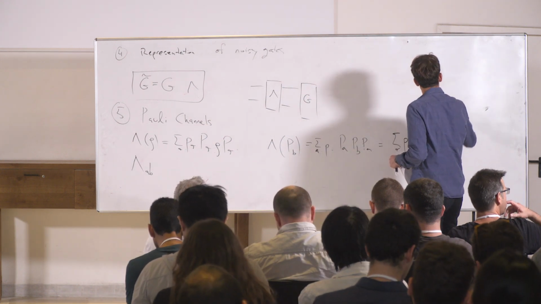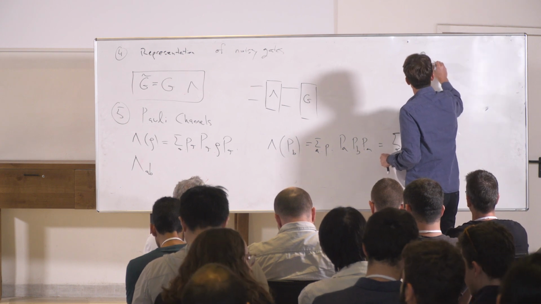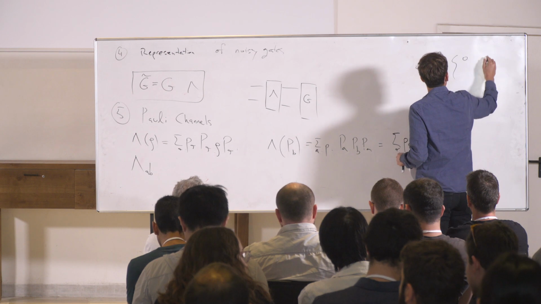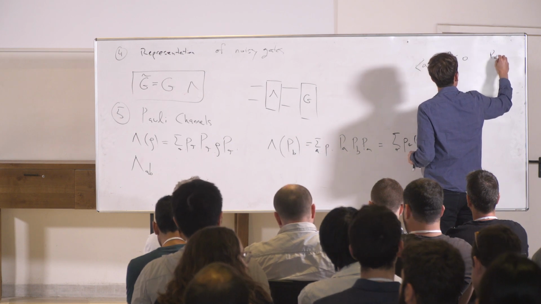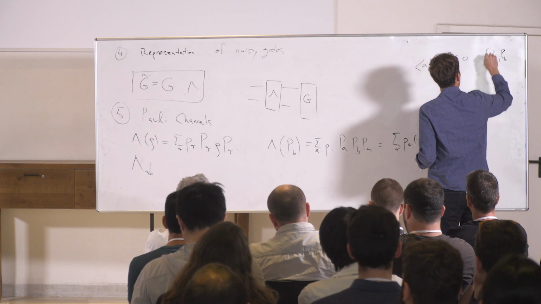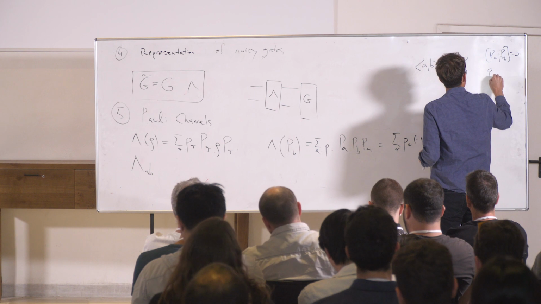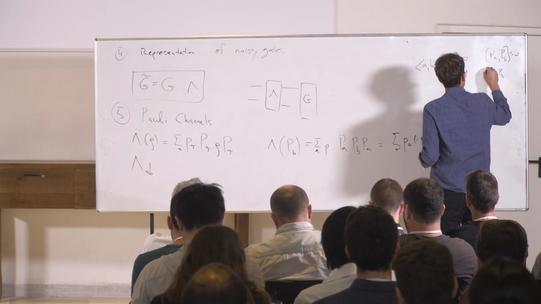And this number here, A comma B, is just going to be 0 if PA and PB commute, and it's going to be 1 if PA and PB anti-commute.